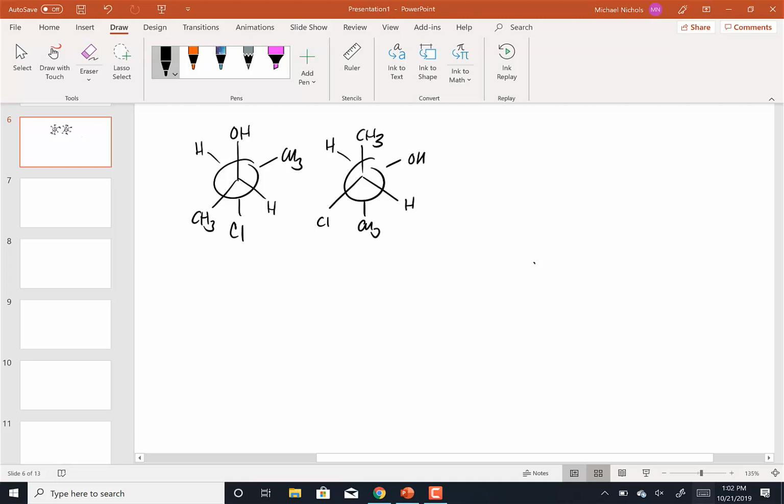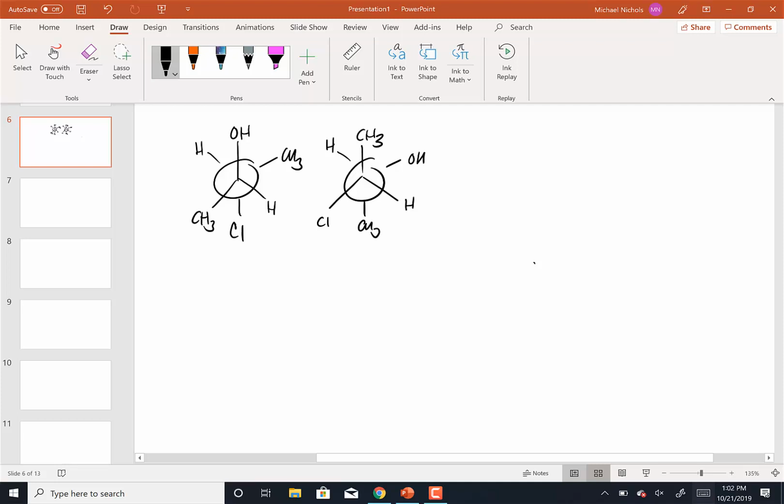Are they both same, both opposite, one same, one opposite? So you have to always compare the two carbons, but in order to do that by either group switching or trying to rotate, they need to be in the same orientation.